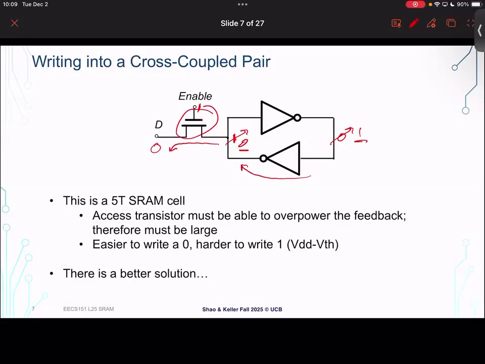You wind up with a threshold voltage gap between the value you want and the value you get. So this 5T, 5 transistor SRAM cell, you can only write it in one direction. You can only pull it down into this 0 on the left, 1 on the right state. But you'd have a really hard time actually pulling it back up because NMOS are no good at that.